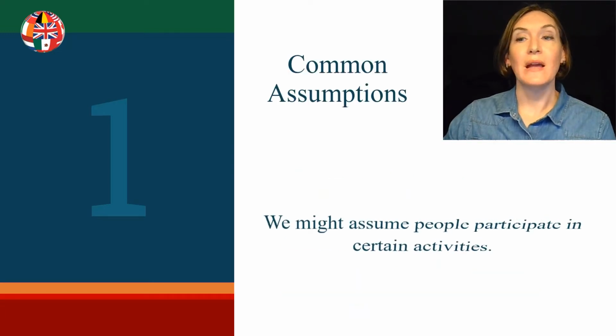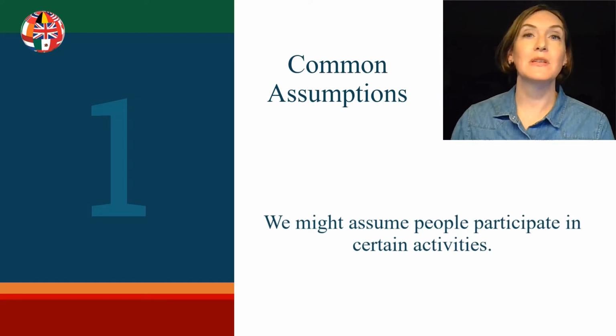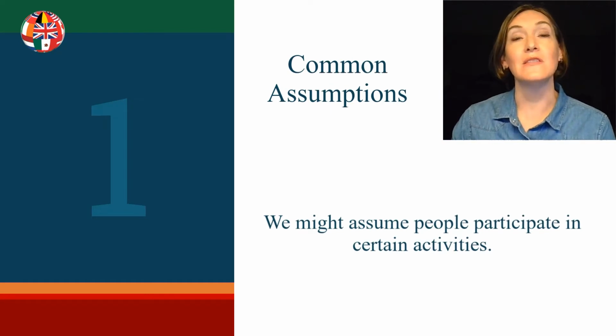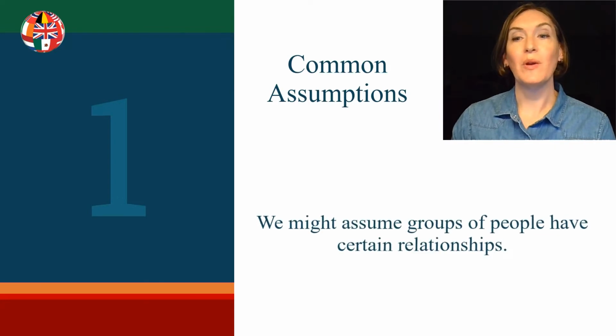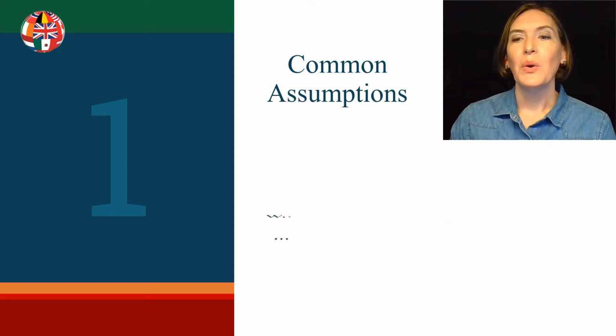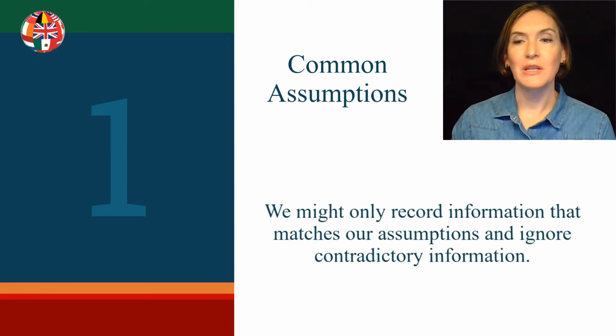Well, we assume our ancestors participated in certain types of activities at certain ages and not at others. We assume groups of people we find together in documents had certain relationships with each other. We cherry pick information out of documents that matches our assumptions, and sometimes that makes us gloss over the rest, which may actually contradict our preconceived scenario.